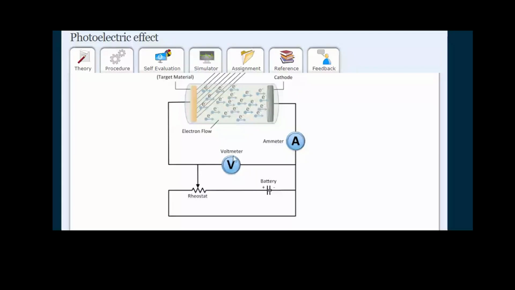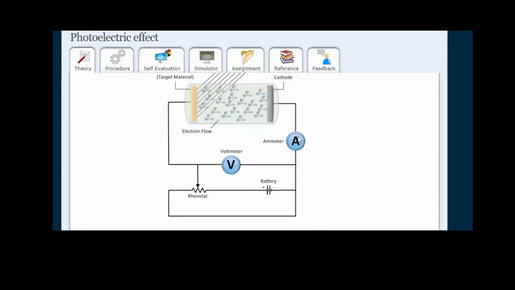Firstly there was 0 volt and current was coming. Now we are applying the voltage in reverse potential. When you apply the negative voltage, these electrons experience repulsion, because electrons are negatively charged and you are applying a negative potential. So fewer electrons will reach, and your current will start decreasing.